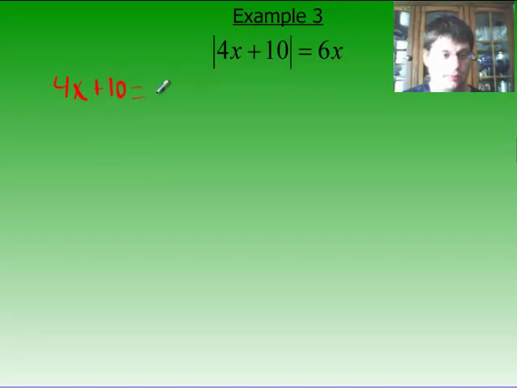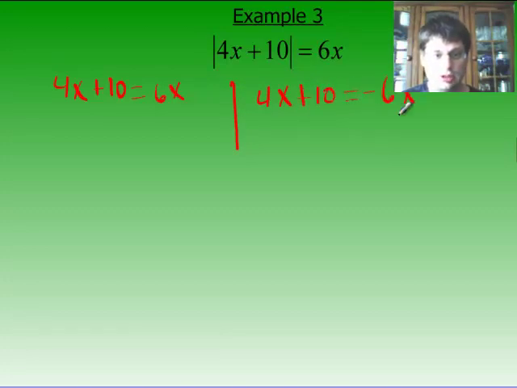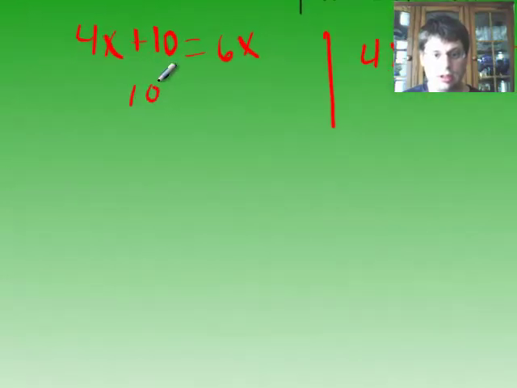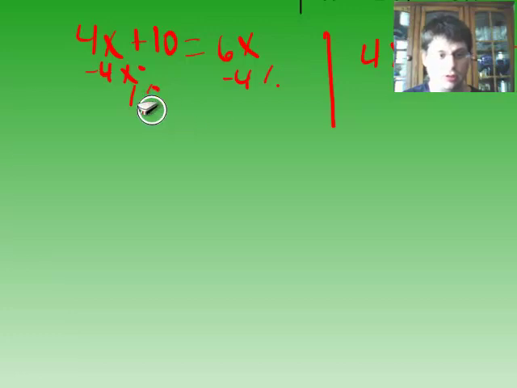So let's go ahead and start, and I'll show you what you have to be careful of. So 4x plus 10 is equal to 6x, and 4x plus 10 is equal to negative 6x. So I'm going to subtract 4x from either side. Let me actually show that.